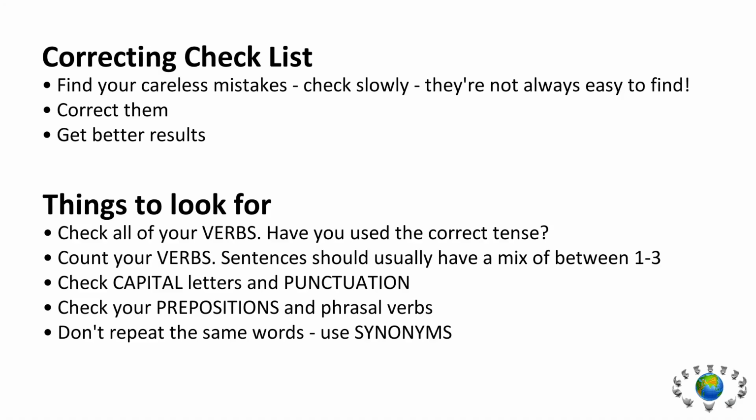Important things to check are verbs. Many students have problems. Check your verbs. All right? In English writing, in one sentence, we usually have 1, 2, or 3 verbs. We don't often have more. If you have more verbs, there are many grammatical rules you need to respect, which could be complicated.